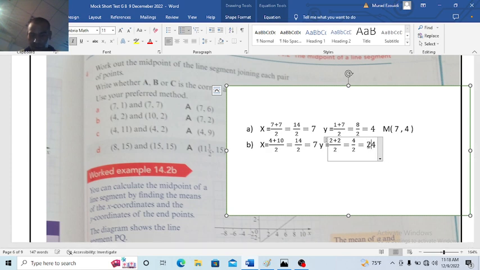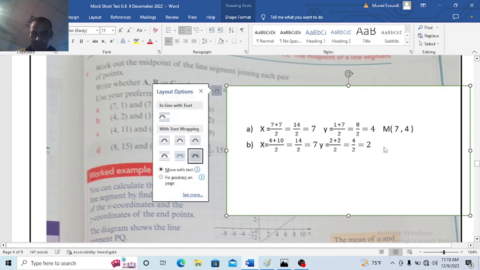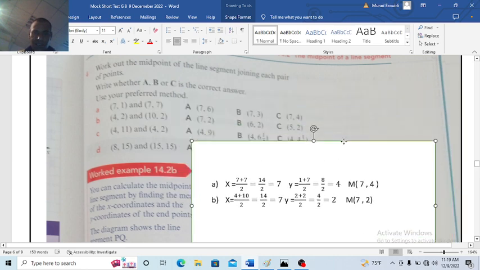Therefore the midpoint M has coordinates: the x value is 7, then comma 2. So when you repeat, what is the correct answer for this one?